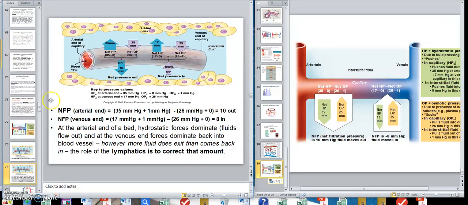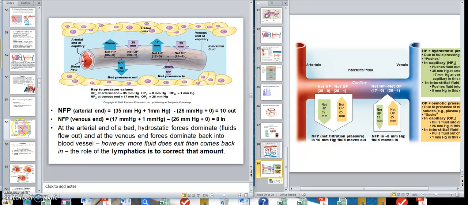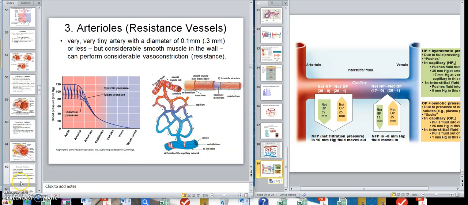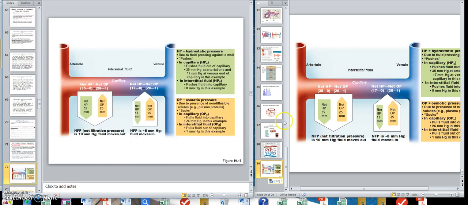Now, the mean arterial pressure at the arterial end would basically be equated to this. See, here's the arterial end right here. You're coming into it with about a 35 or 30. Now, remember, I told you that could change depending on vasodilation or vasoconstriction of the arteriole. So we say right there, let's say around a 35.